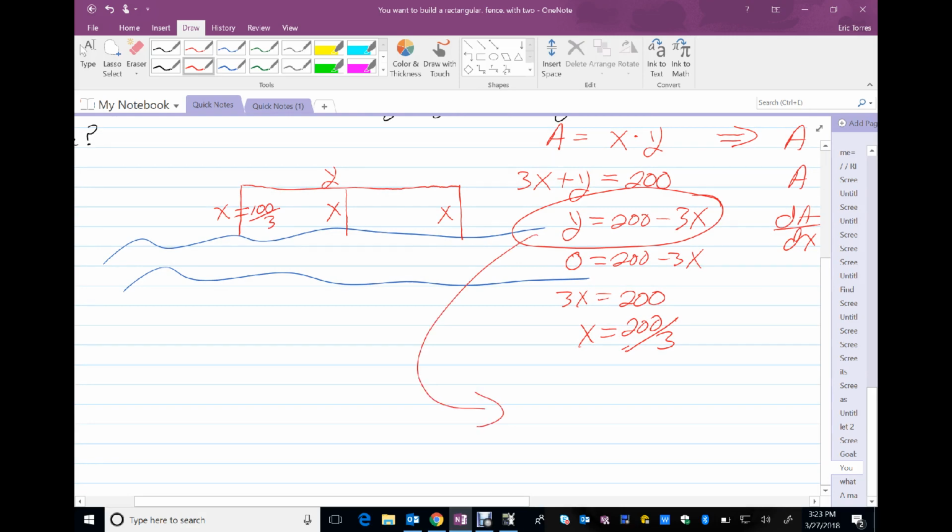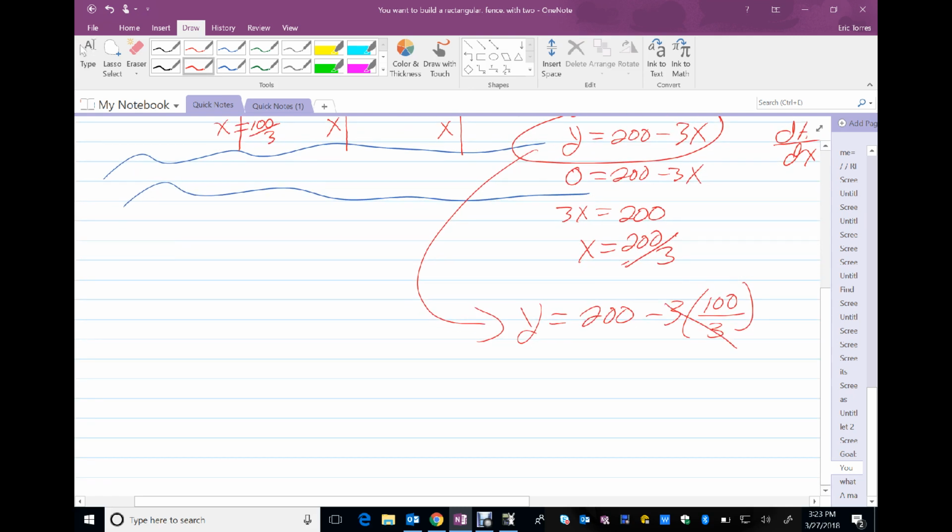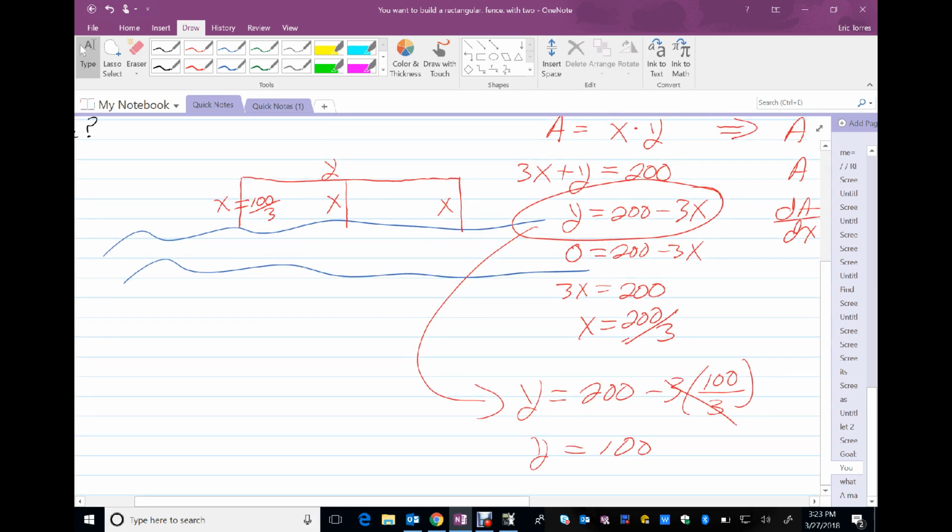How am I going to find the y value? Substitution. And y is 200 minus 100.